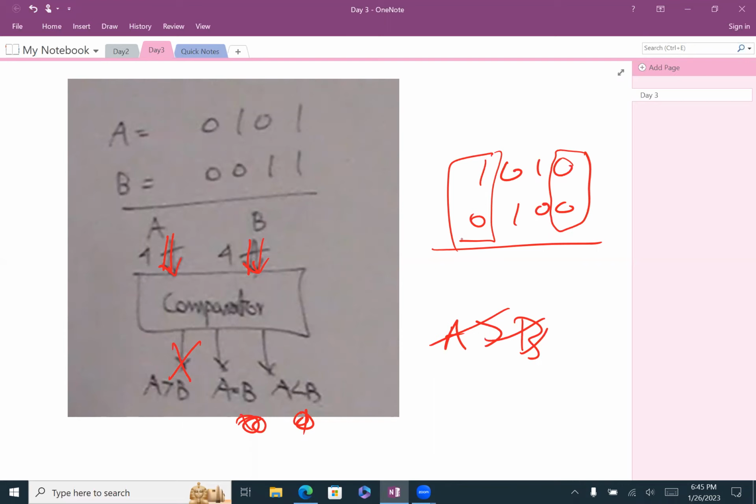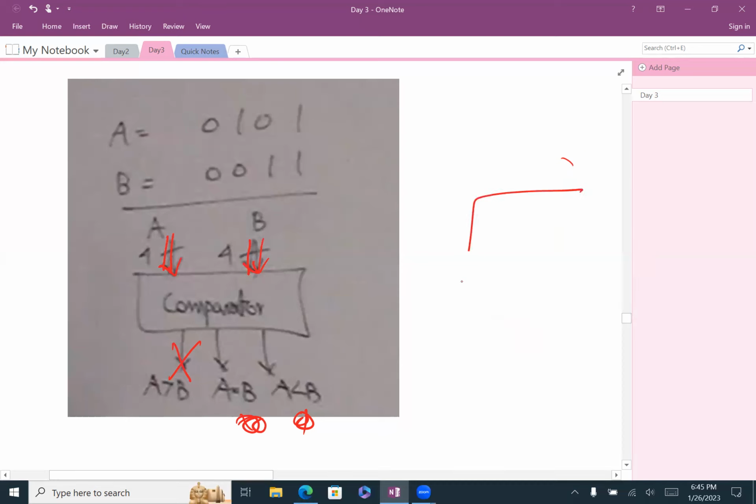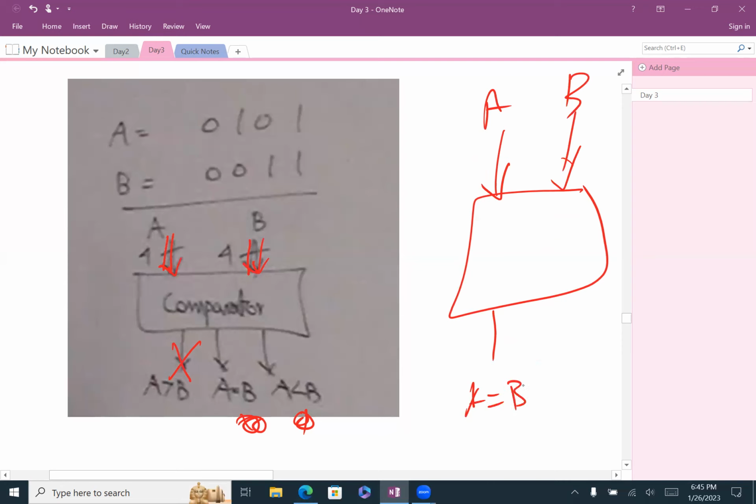We have to find another logic to tell us if it's bigger or smaller or equal. So now the same idea. All right, so what's our circuit going to look like now? As we said, it's going to be simply A, B, and the outputs A equal B or A less than B, correct?